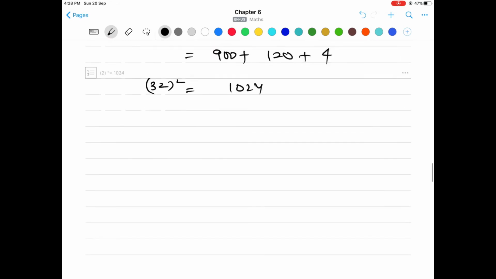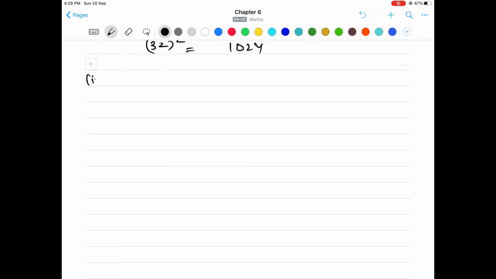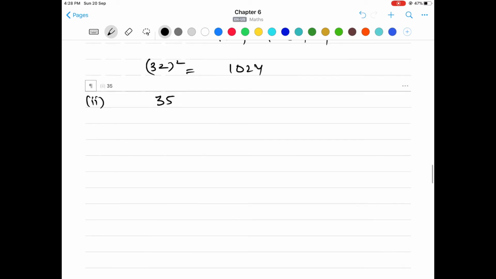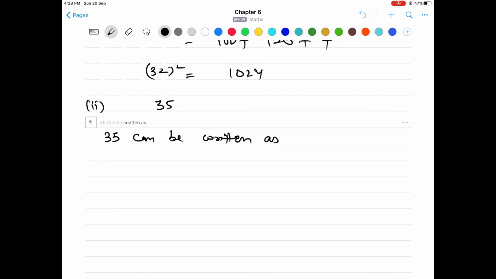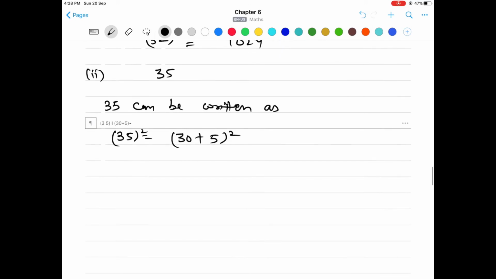Now the next number is 35, the second part. We'll solve this in a similar way. We can write 35 as 30 plus 5, so the square of 35 will be 30 plus 5 whole square.